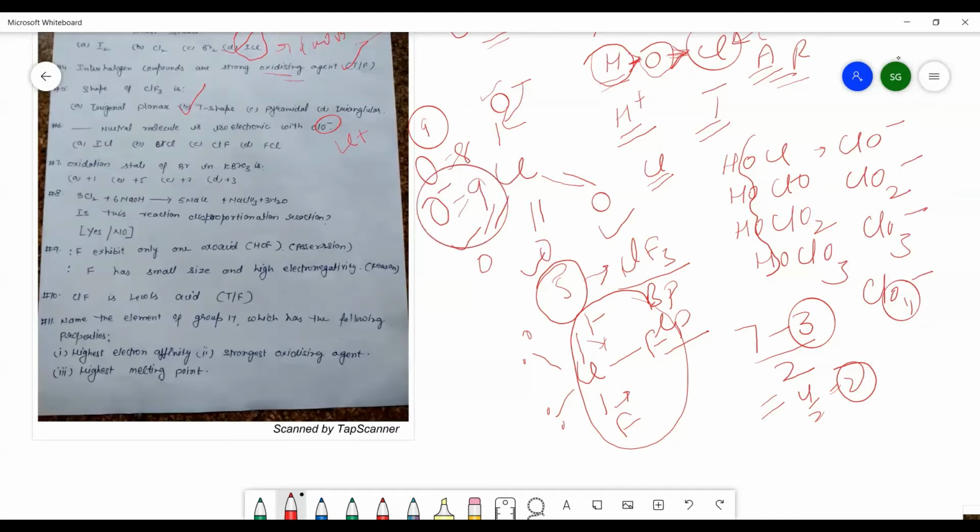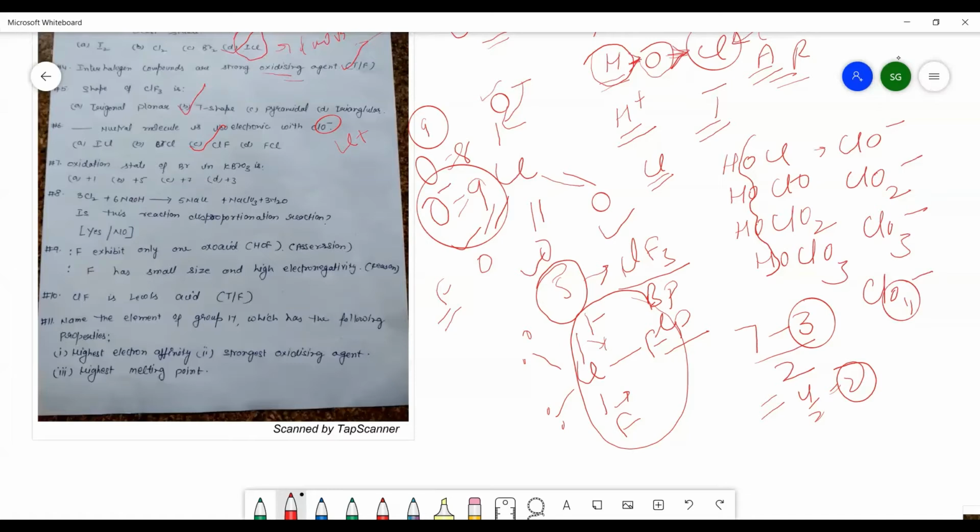Whenever we see 9 in the periodic table, it is fluorine. So the answer ClF is very much right, because ClO minus and ClF have the same number of electrons, since isoelectronic species are the species which have the same number of electrons.